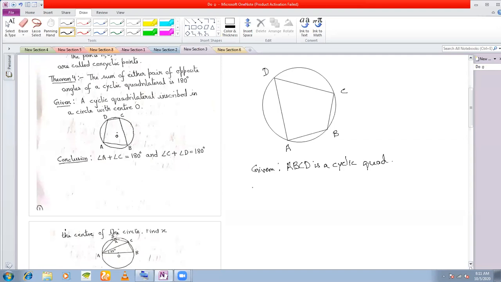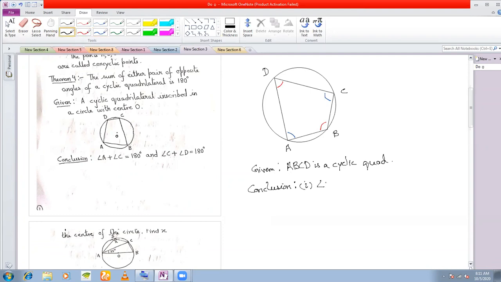Okay, then according to this theorem, once you know that ABCD is a cyclic quadrilateral, you can conclude that the sum of the opposite angles must be 180 degrees. That is, the sum of these two red angles and the sum of these two blue angles, these two opposite angles of the cyclic quadrilateral, must be 180 degrees.